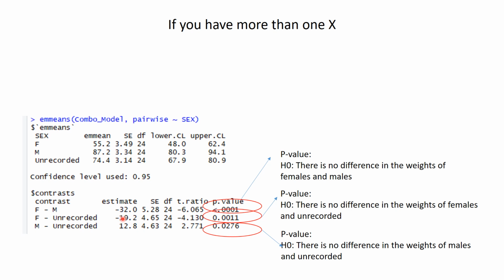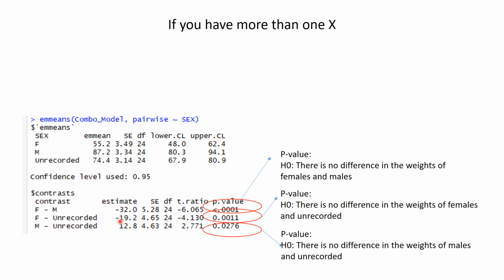If the estimate is positive here, it means that males have a larger weight than unrecorded. So in this case, the way we interpret the estimate is that the first level mentioned here is the reference.